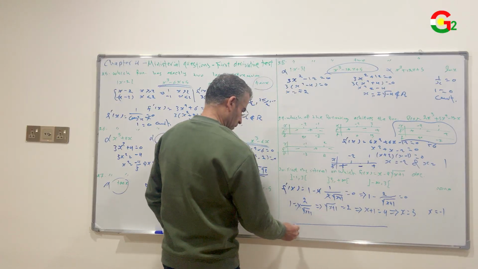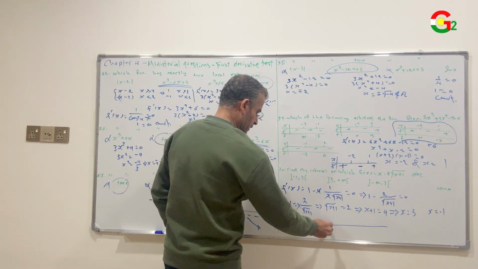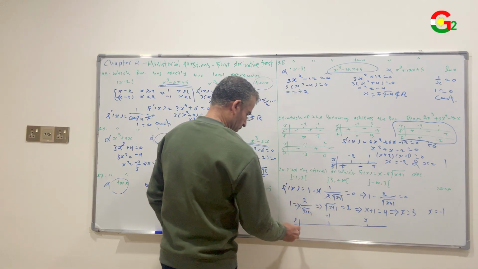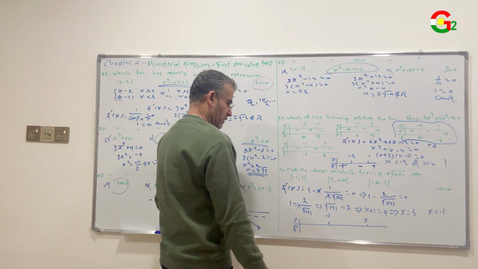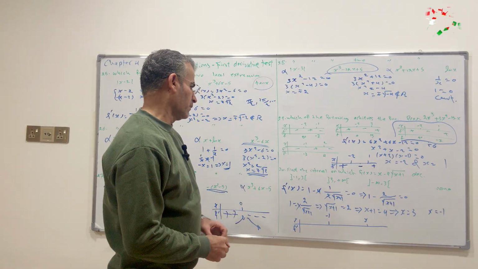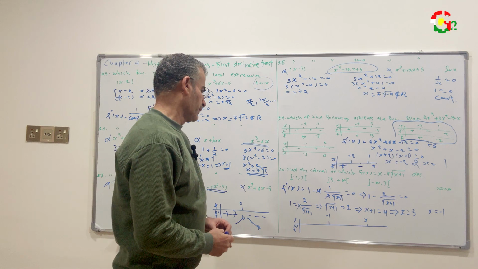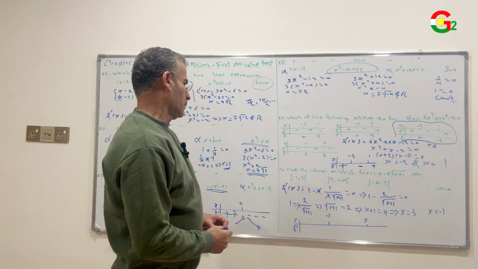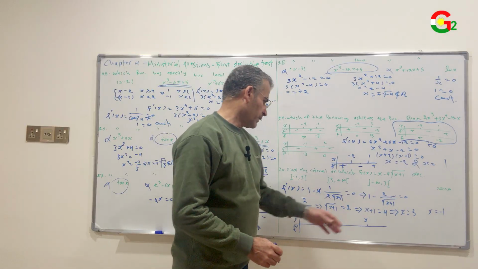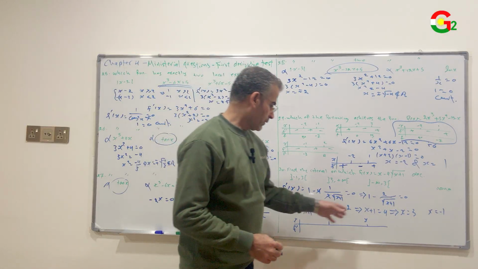Therefore, we take negative 1 and 3 and find the sign of the derivative before and after negative 1, and before and after 3.